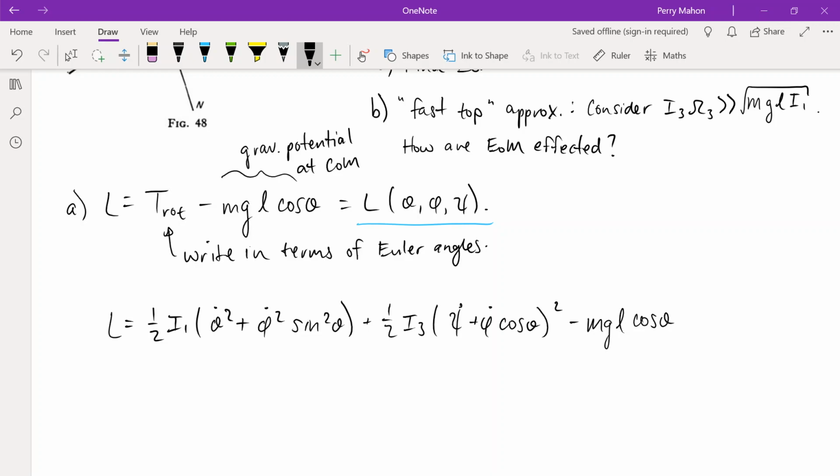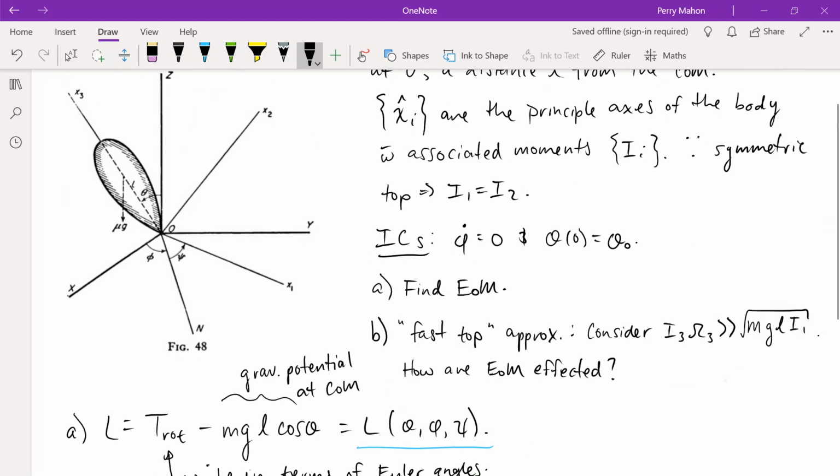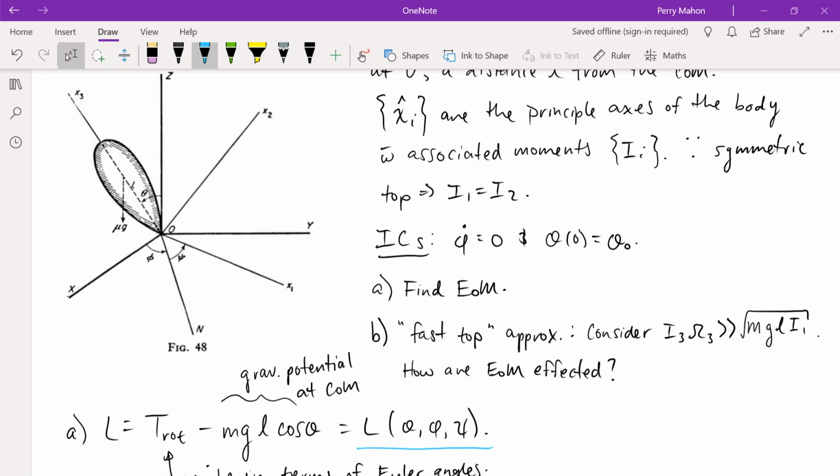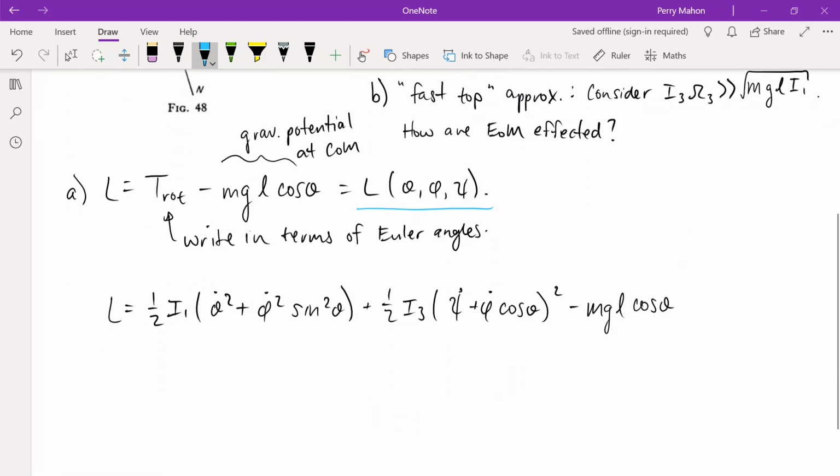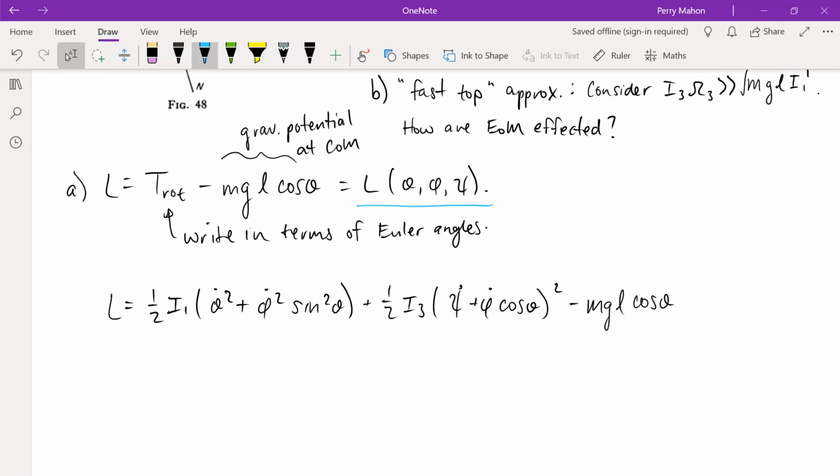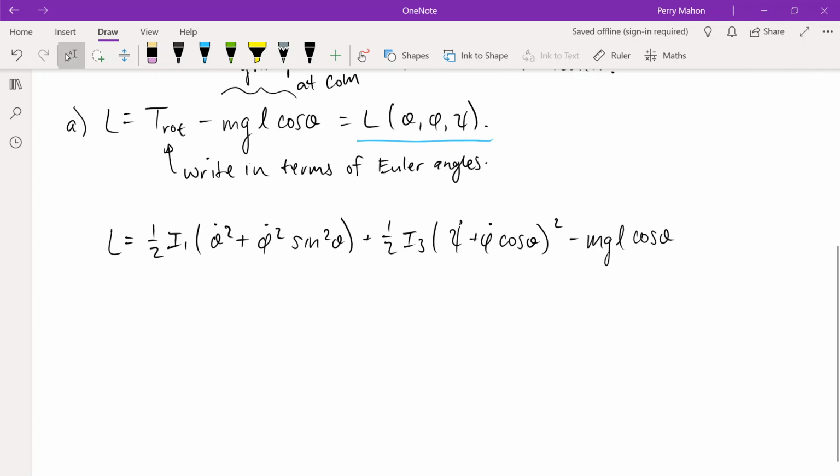Right, so now this is the Lagrangian we're interested in considering, and notice we've implemented here this symmetric condition, so I1 equals I2.